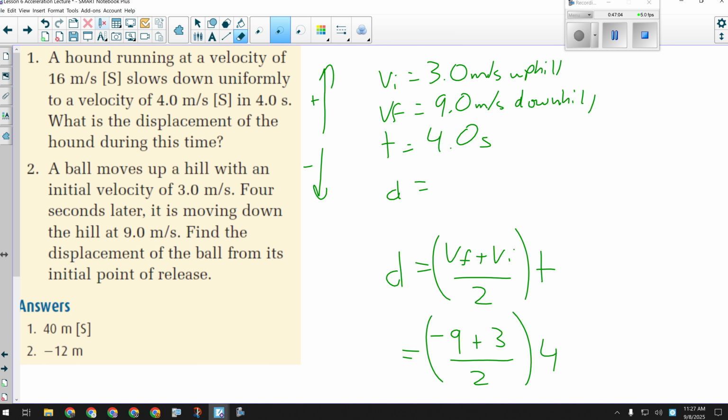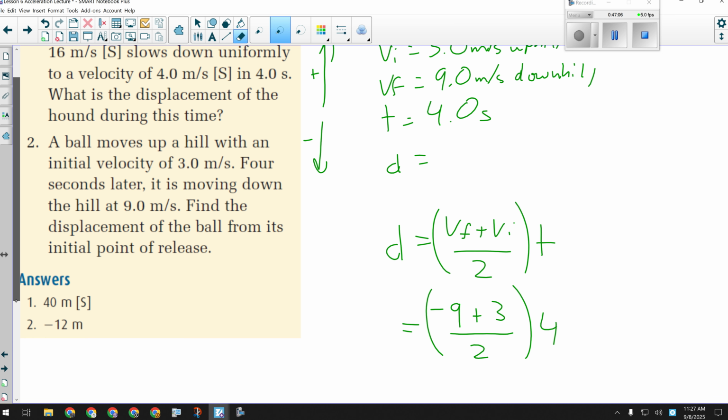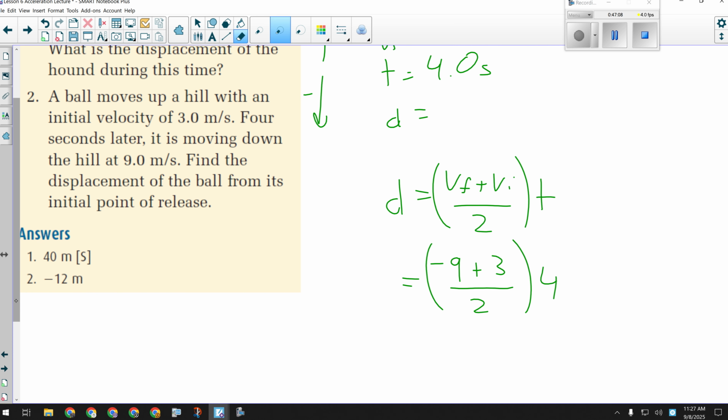We don't have decimals. Negative 9 plus 3 is negative 6. Negative 6 divided by 2 is negative 3. Negative 3 times 4 is negative 12 meters. Can I leave it like that? It has to be 12 meters, yeah, downhill.